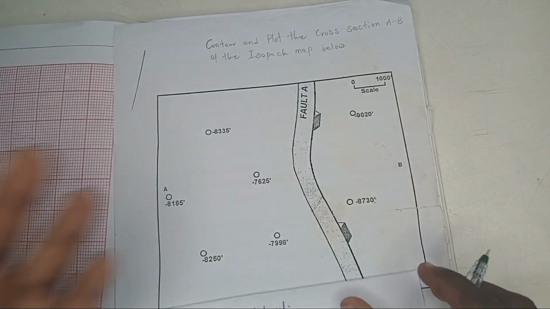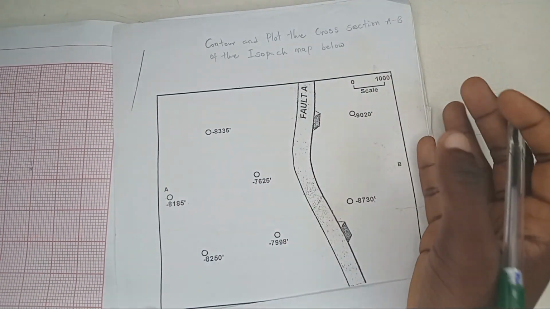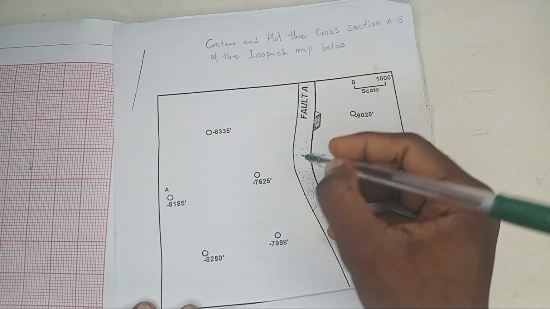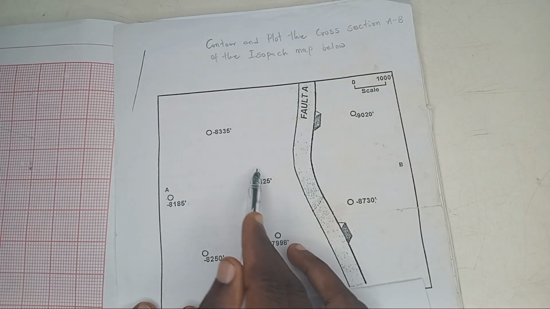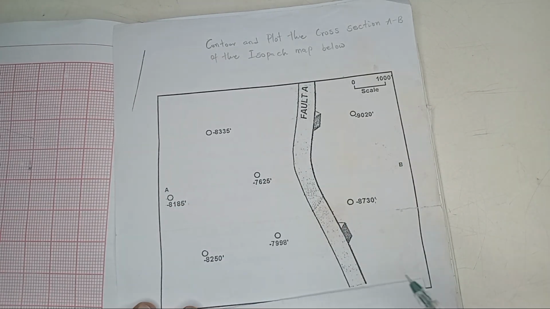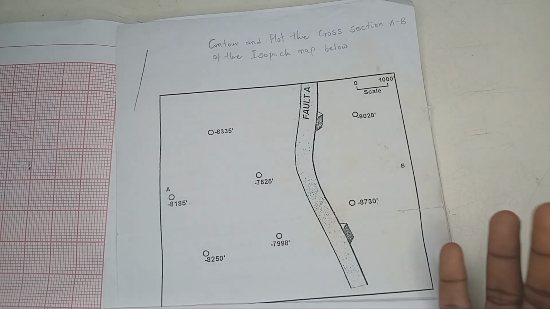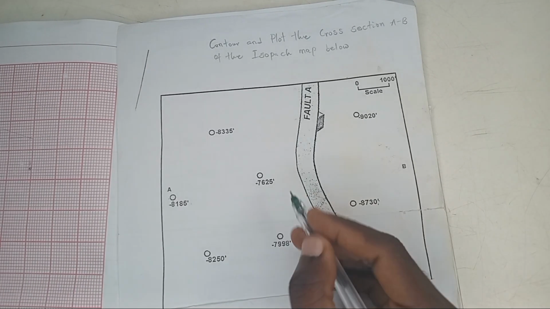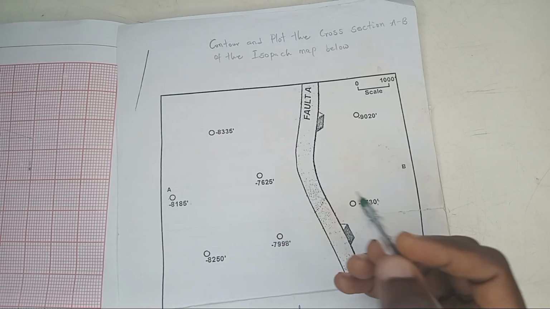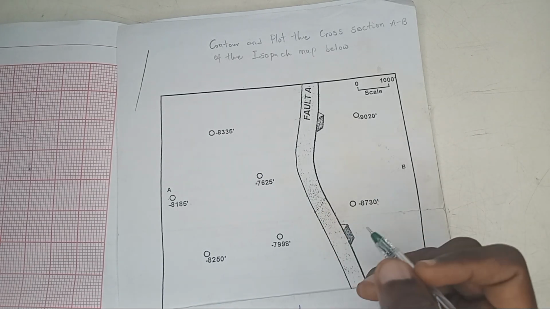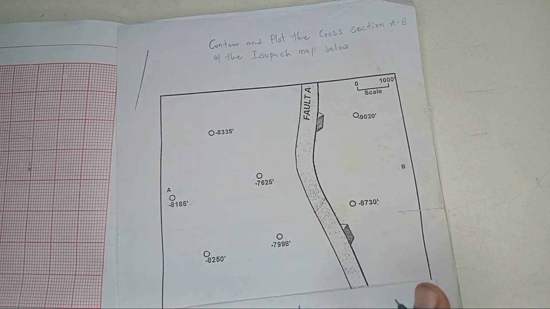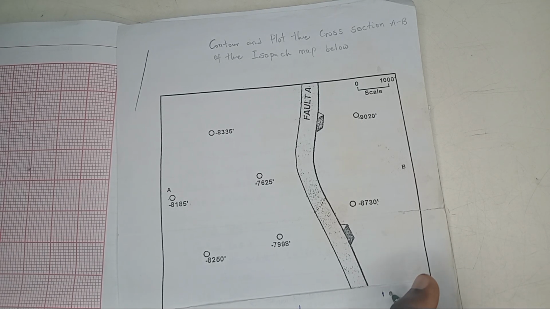Okay. So let's look at this part before we look at this part. Good. So now, what is the lowest point that we have here? The lowest is 7625. So for example, if my lowest is 7625 and I pick my contour interval as 100, that means the increase in my contouring is 100.